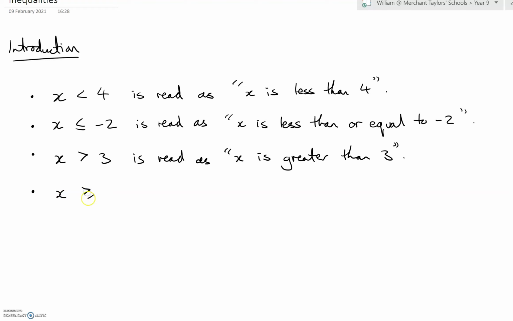Whereas if I want to include a value, so x greater than or equal to, and again, let's just make a random value 1.